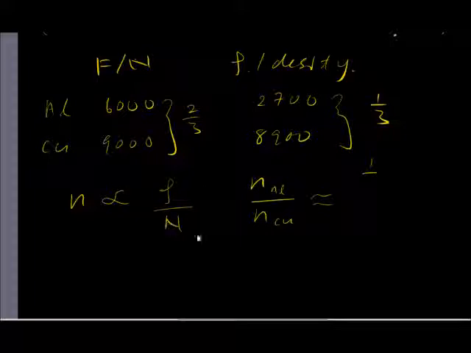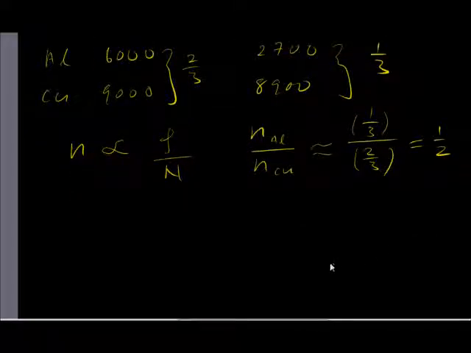Since we know this relationship, it's 1/3 divided by 2/3, so it equals half. From here we can make a conclusion that if we are using aluminium as the material for the cable, then the number of towers that we need to build is only half of the number that we need if we use copper. So that's the reason why aluminium is more suitable.